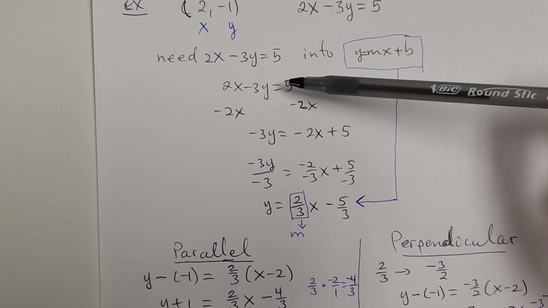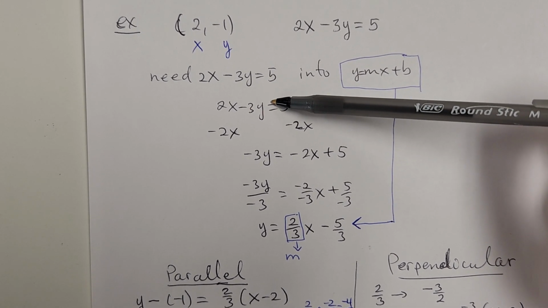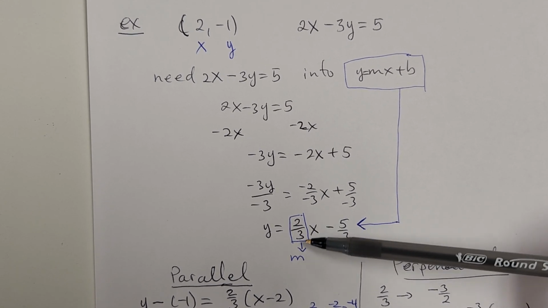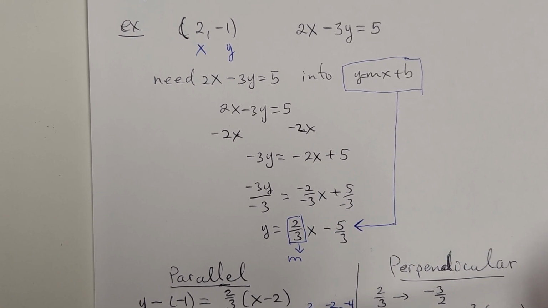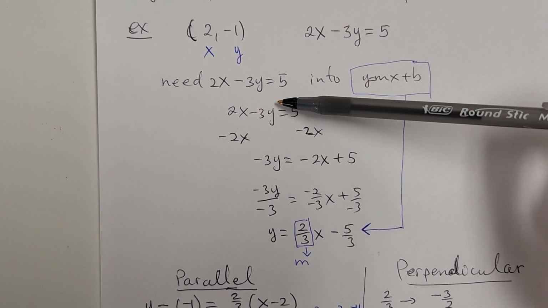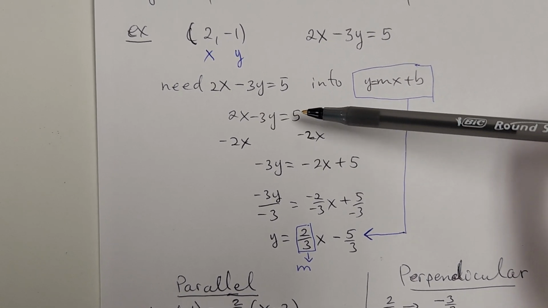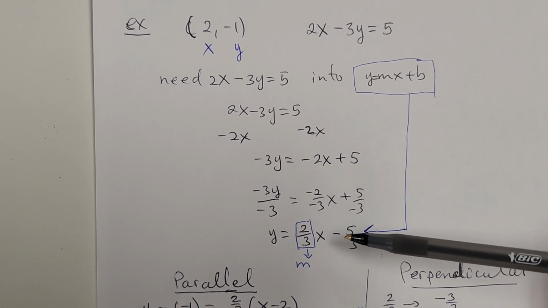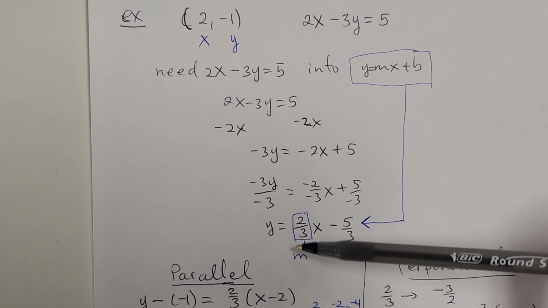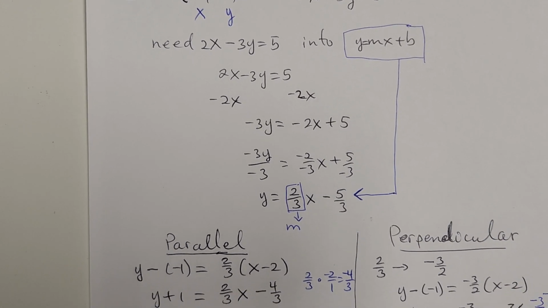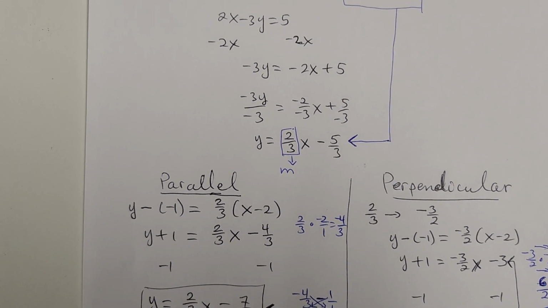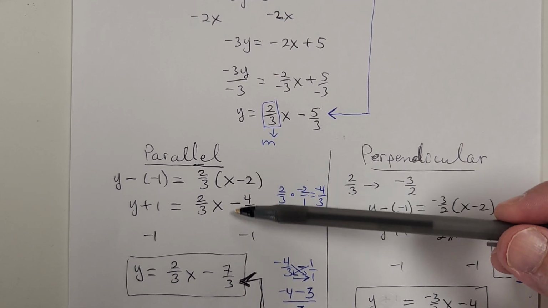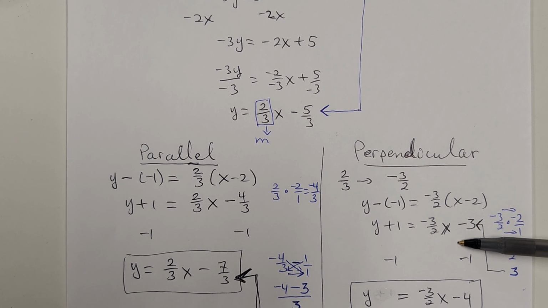Once we rewrite the given equation into y = mx + b, then we will know what our slope is. Once we know our slope, then use that slope to find our parallel line and perpendicular line.